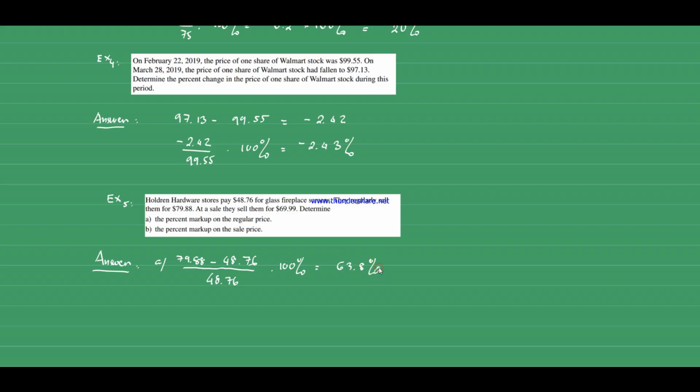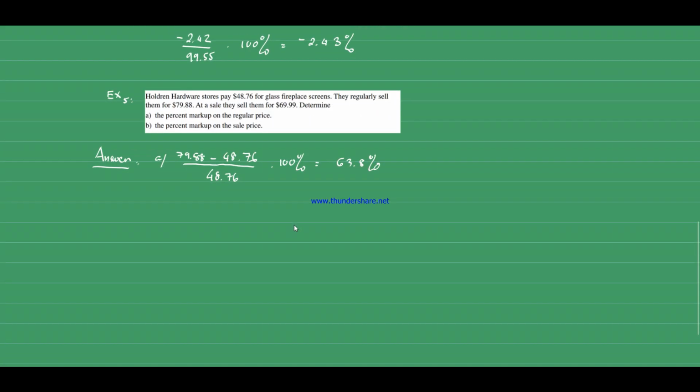Okay. And same thing for part B, but part B right now is also increasing. Okay, but on the sale price, so we're gonna take 69.99. You subtract 48.76. You divide by 48.76.